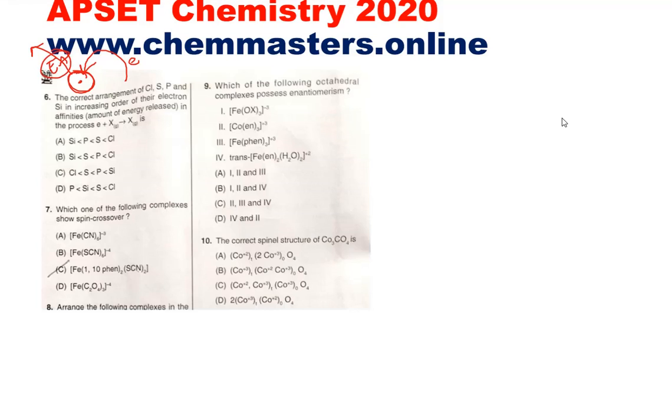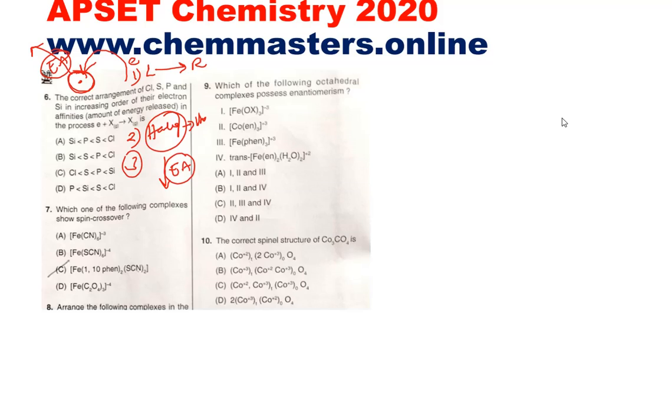Now, when we look at the basic trends, electron affinity increases from left to right in a period. And the second general trend is that the halogens always have the highest electron affinities. And the third trend is that when you move down from top to bottom, electron affinity decreases.